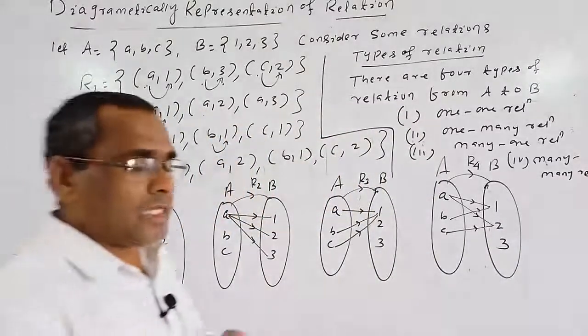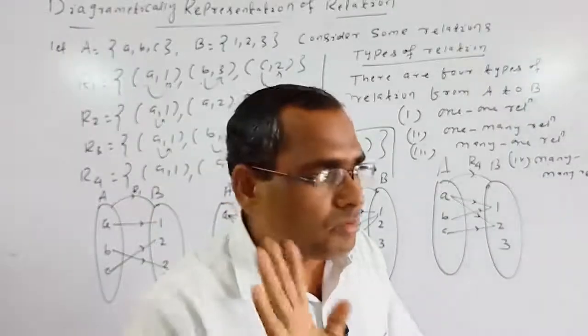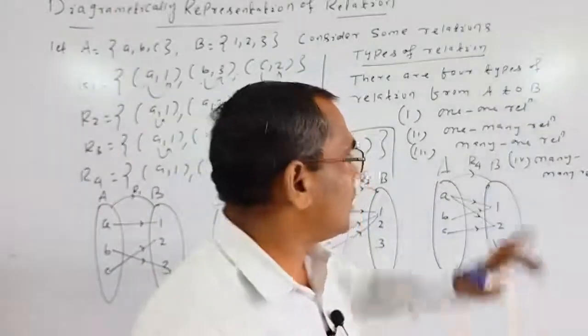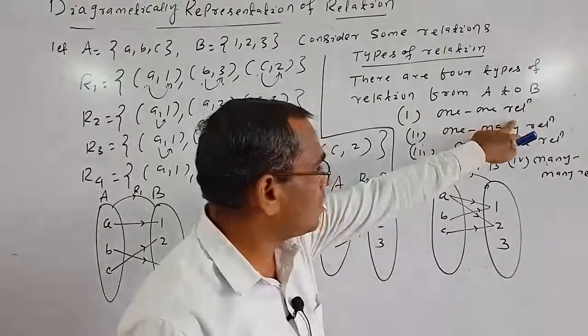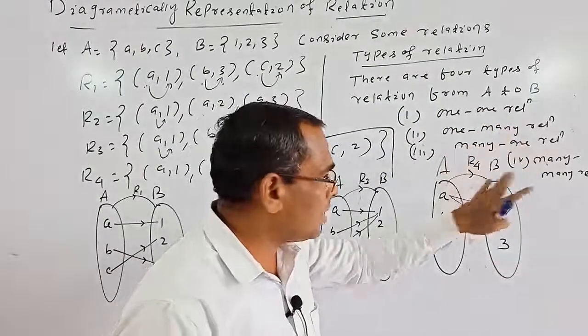So if R is a relation from A to B, then we define 4 different types of relation: one-one, one-many, many-one, and many-many.